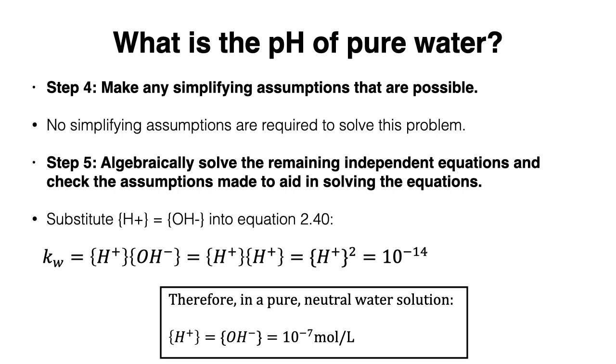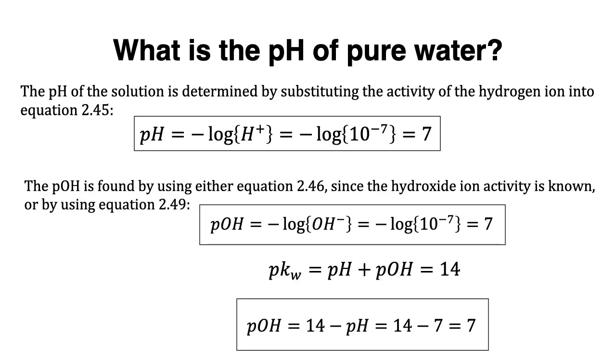From electroneutrality, the H plus concentration is equal to the OH minus concentration, and we get a value of 10 to the minus 7th moles per liter. The pH then is the negative logarithm of the H plus concentration, which is 10 to the minus 7th, so the pH is 7.